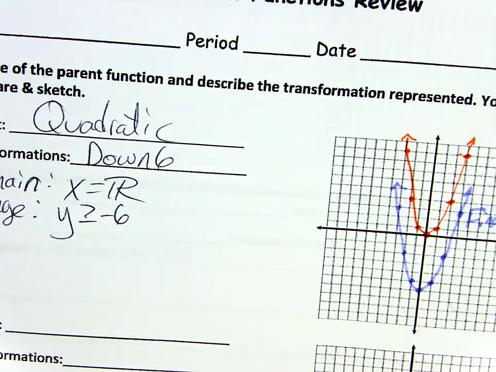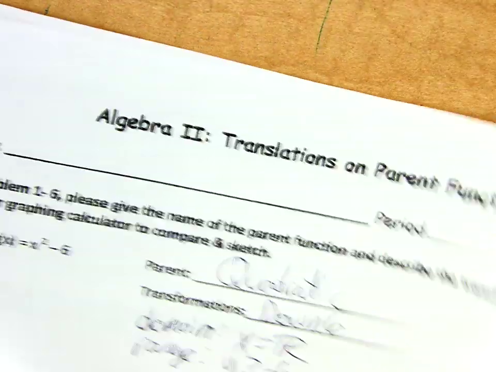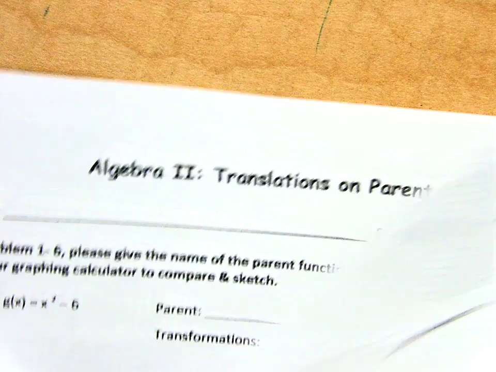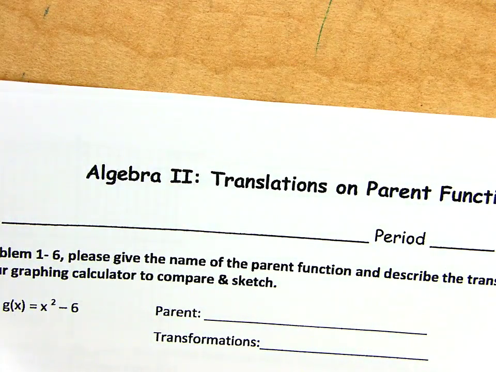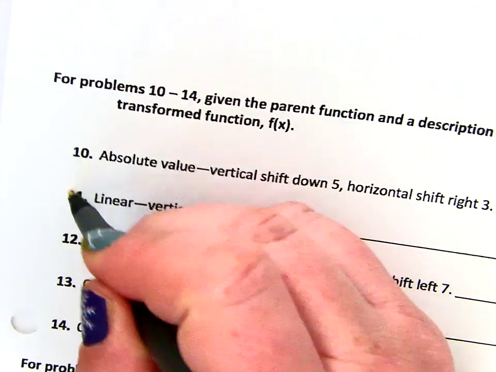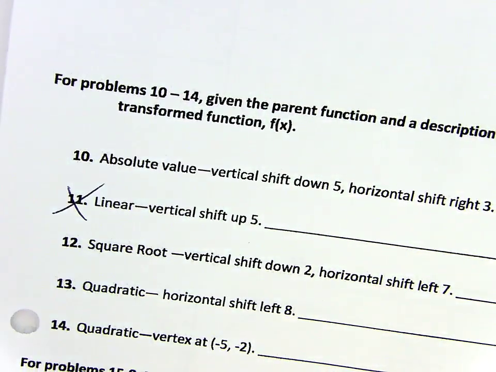Perfect. So you're going to do that same thing for the rest of these. Don't forget to add domain and range to each one. And I think all of these are good. On the second page, you guys can cross off number 11.